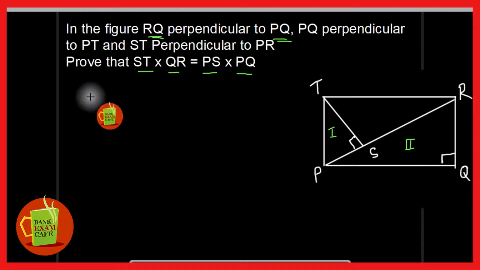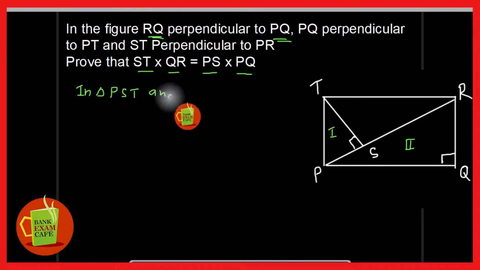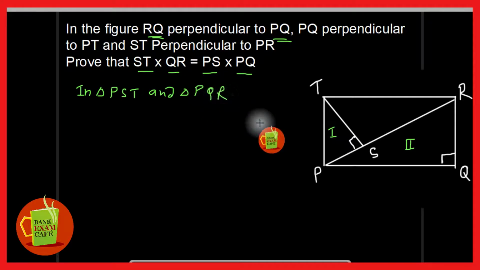So first we will write that in triangle PST and in triangle PQR, we will show that these two triangles are similar.